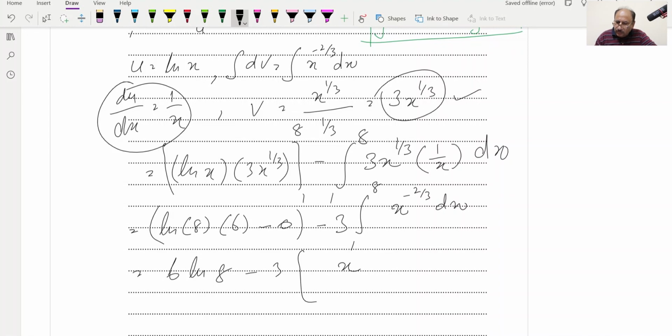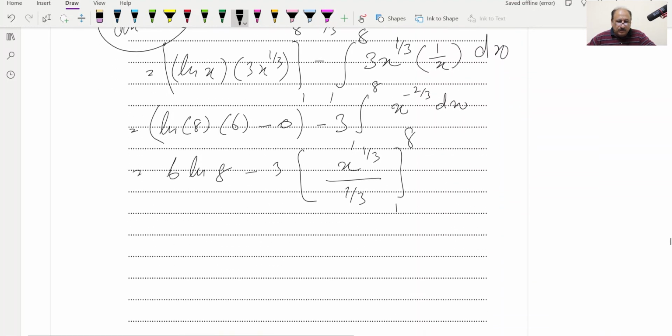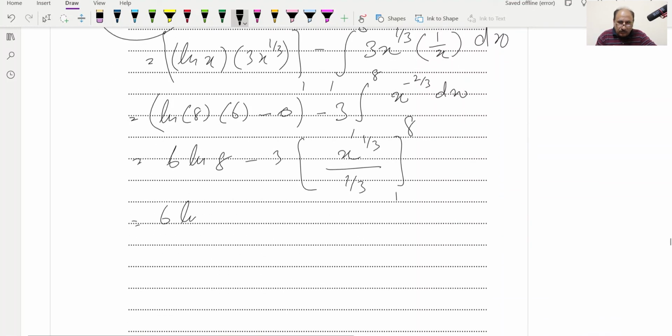Now we can integrate this: x raised to minus 2 by 3 plus 1, which is 1 by 3, over 1 by 3, from 1 to 8. Now we can simplify: 6 log of 8 minus, the 3 will be cancelled, so if we replace 8, it will be 8 raised to the power 1 by 3, so 3 into 8 raised to the power 1 by 3 over 1 by 3.